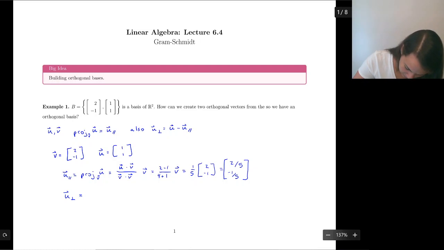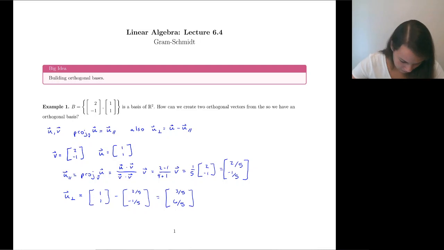Now we just need to find u perpendicular. That would be u minus u parallel, which is (3/5, 6/5).